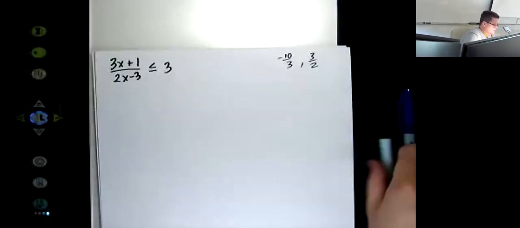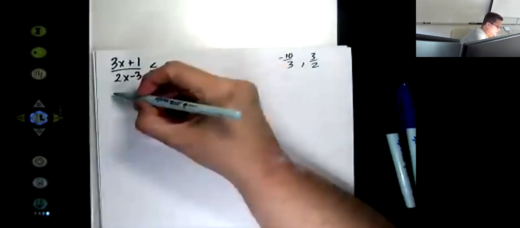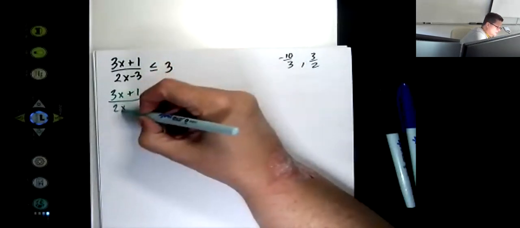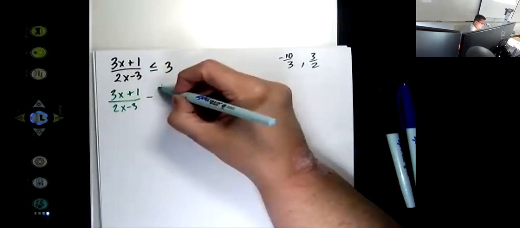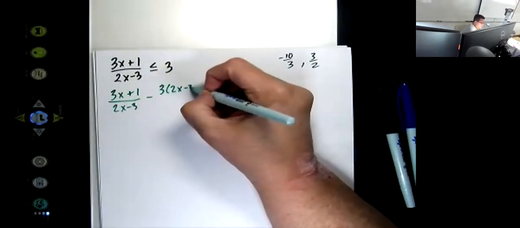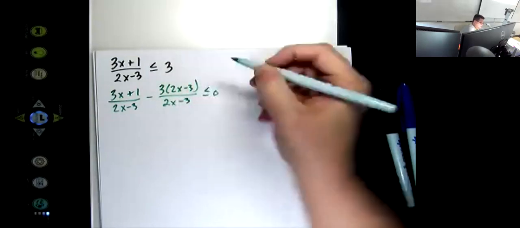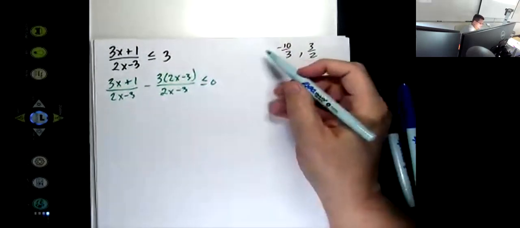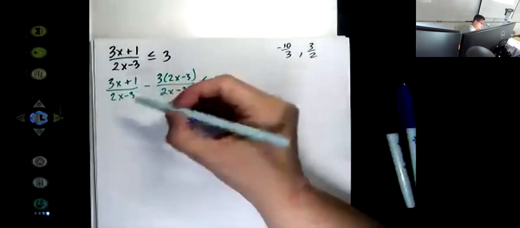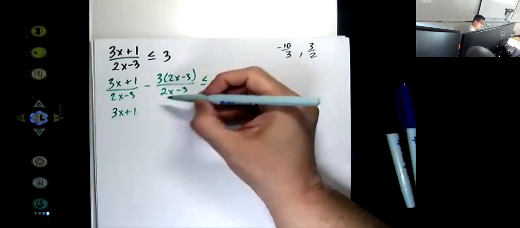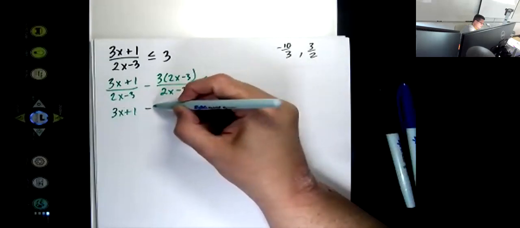Let's make sure everybody's on the right page for the next part. I'm gonna subtract the 3 over. And I'm gonna multiply by 2x minus 3 at the same time. So I got 3x plus 1. And then I've got minus 3 times 2x is minus 6x.